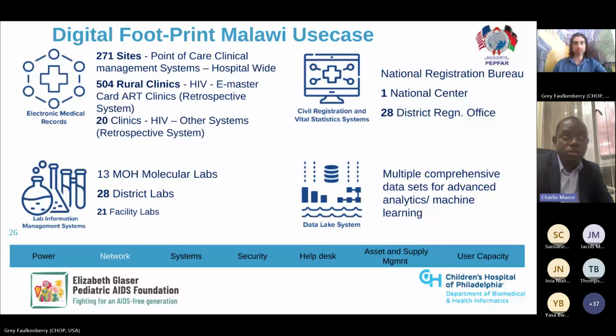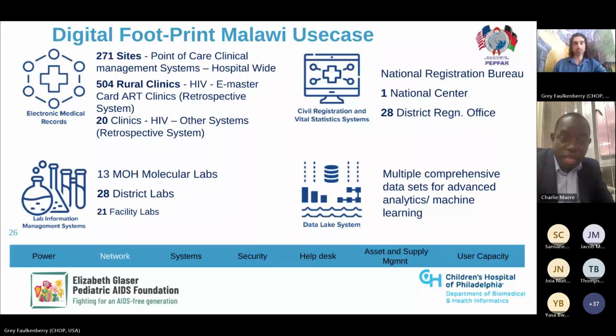And also for people who have died, the death certificate is generated and passes through the system nationwide. And then all these systems push data into what we call the data lake, which is the health shared record at national level within the ministry, over a network.